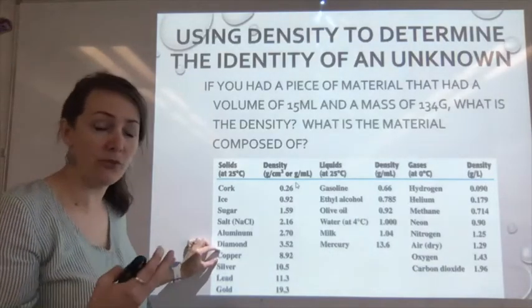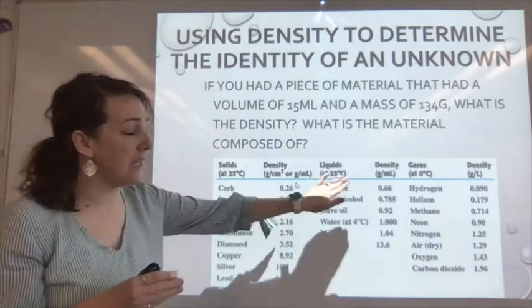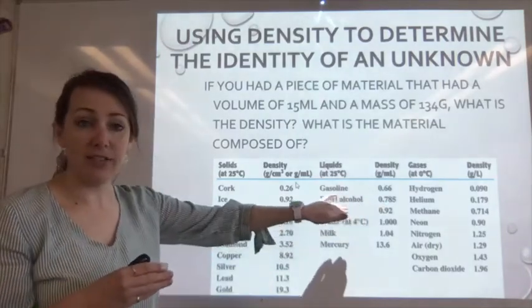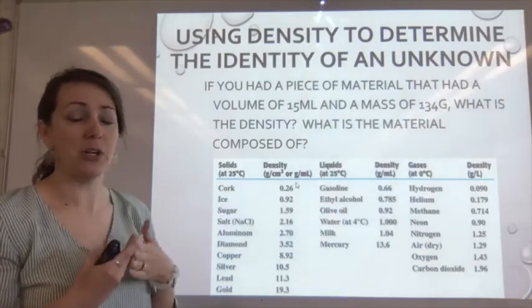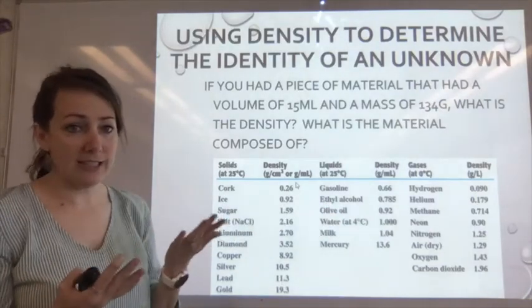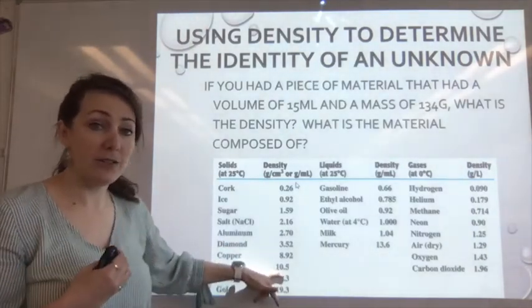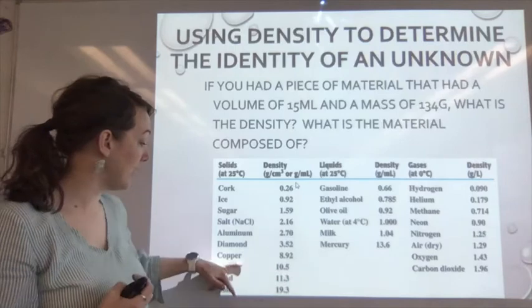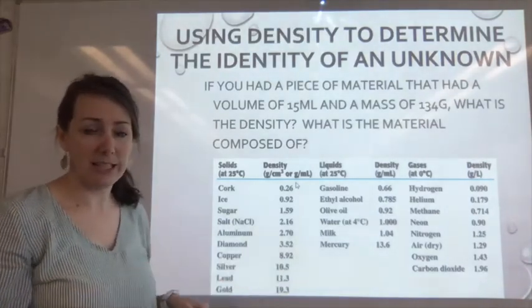It's not going to be perfect. You have to realize that these tables are averages of the densities of substances. So not all substances are absolutely pure, which can change the density a little bit. So these tables are averages. So the closest we can get to figuring out our mystery substance is going to be copper, because we are so close to that density.